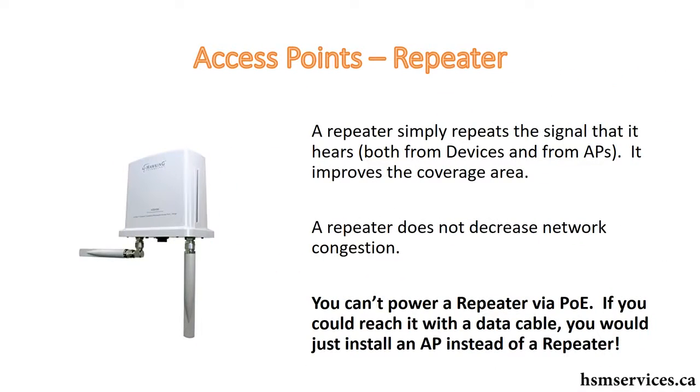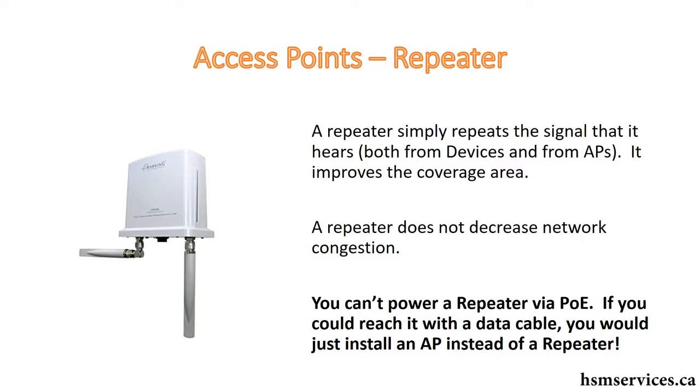So if you have an area and you can't run a data cable for whatever reason, then you can add a repeater, and a repeater does just that. It repeats the signals that it hears from devices and from APs, and it improves the coverage area, and it does not decrease network congestion because it's not an AP.